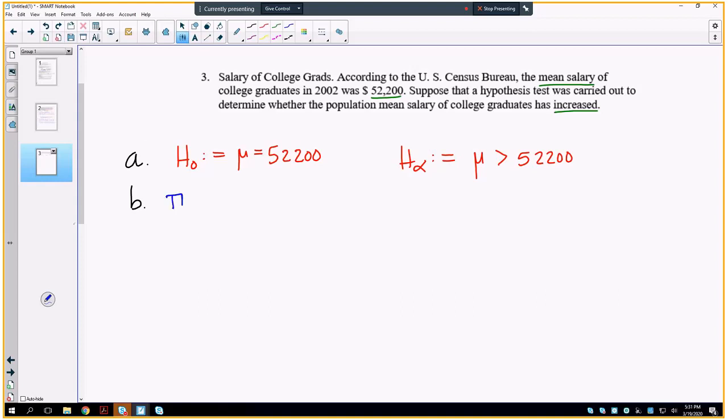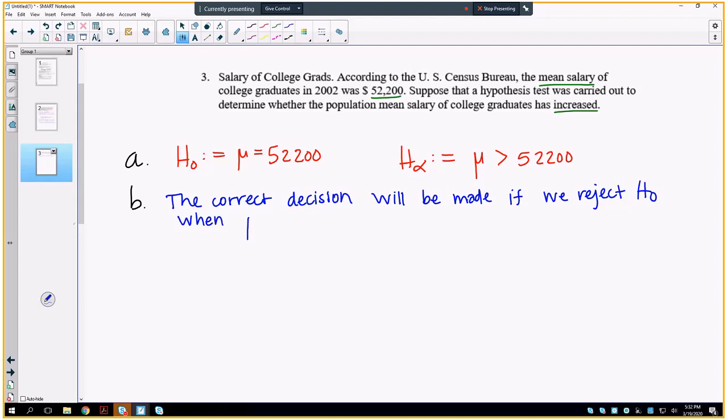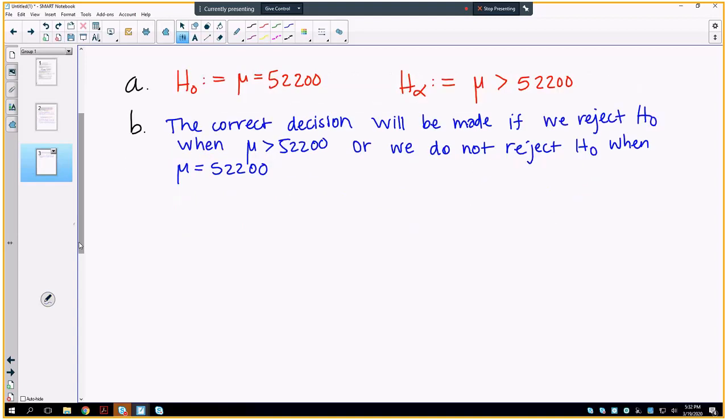So the correct decision will be made if either we reject the null hypothesis when the mean is greater, or we do not reject the null hypothesis when the null hypothesis is true, when the mean is 52,200. Okay, so those are the two ways that we can be correct when we're doing this test.